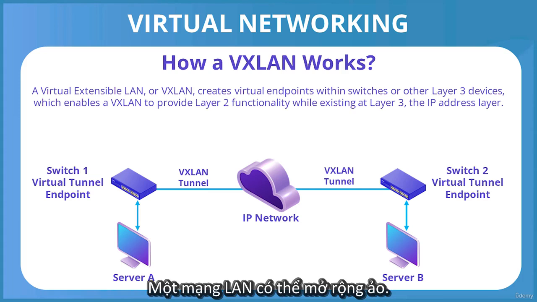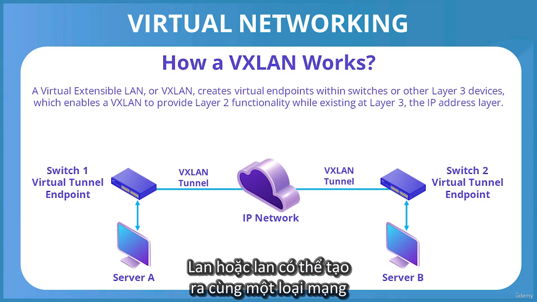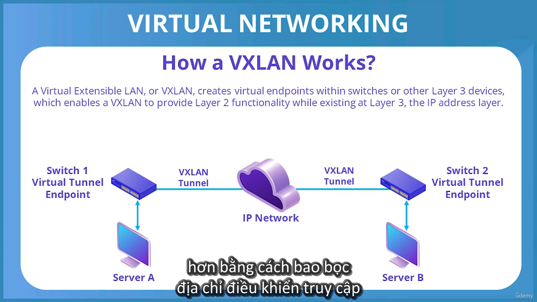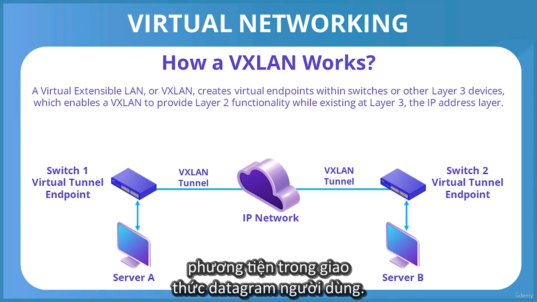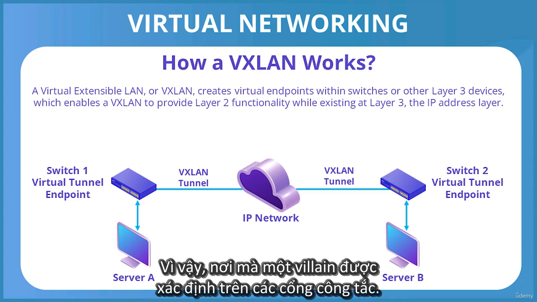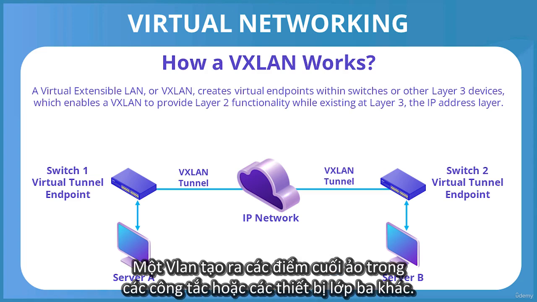A virtual extensible LAN, or VXLAN, can create the same type of virtual network as a VLAN, but takes the VLAN concept a little bit further by encapsulating the media access control address in the user datagram protocol. See, so where a VLAN is defined over switch ports, a VXLAN creates virtual endpoints within switches or other layer 3 devices.